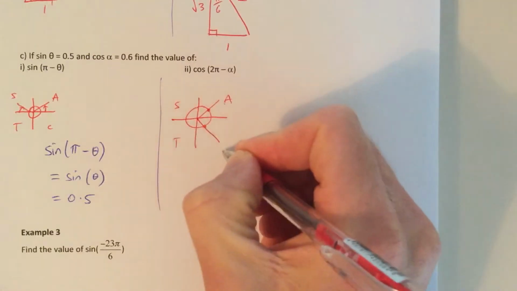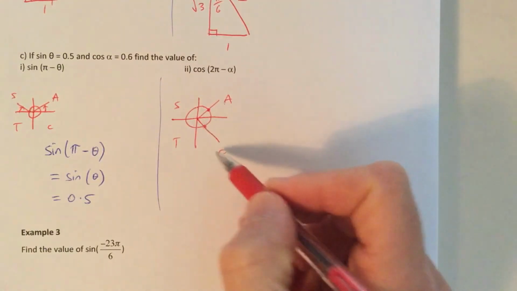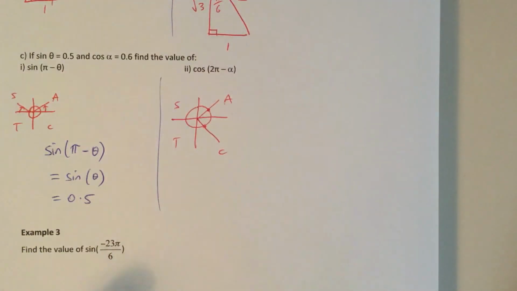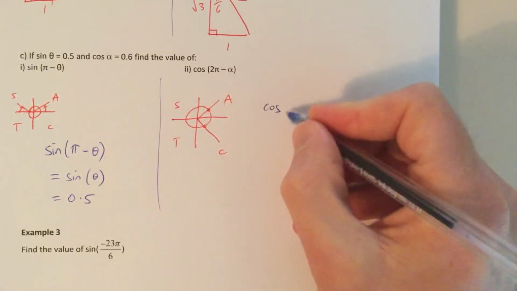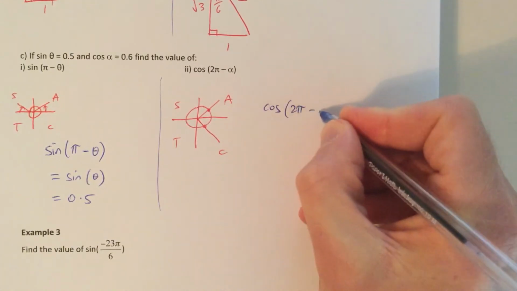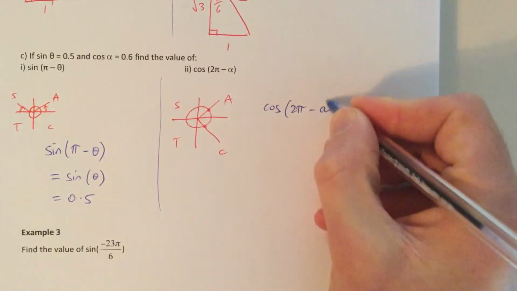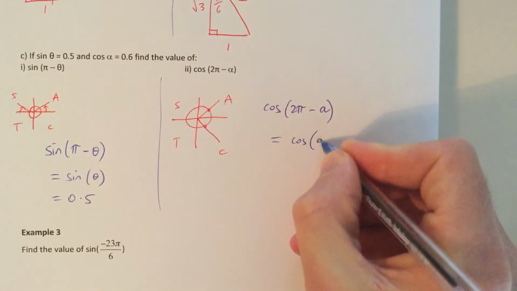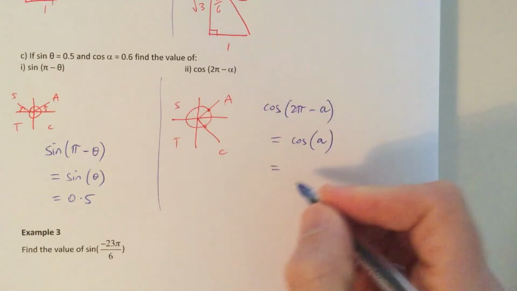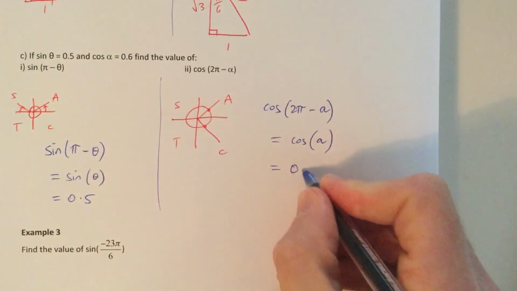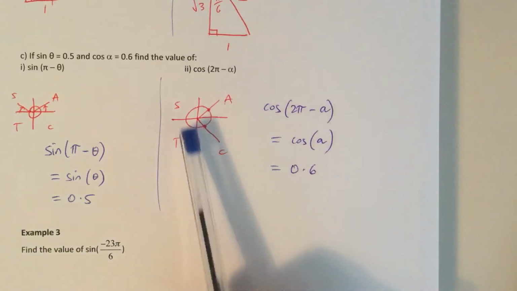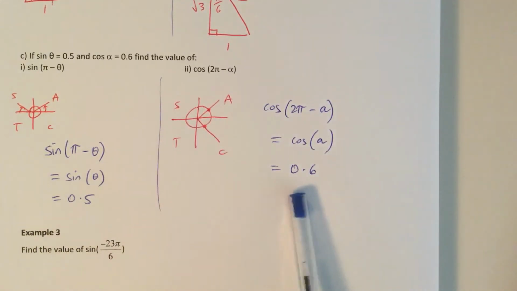So our job really is just to decide whether we're in a quadrant where cos is positive or negative, and if we're in the fourth quadrant, cos is positive, and so we can say that cos of 2 pi minus alpha is actually just equal to cos of alpha, which the question told us was 0.6. So again, the value stayed positive there. If we ended up in the second or third quadrant, we would have just given our answer as negative 0.6.